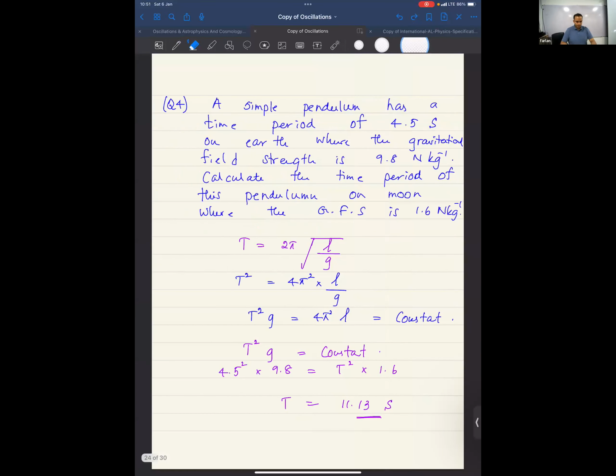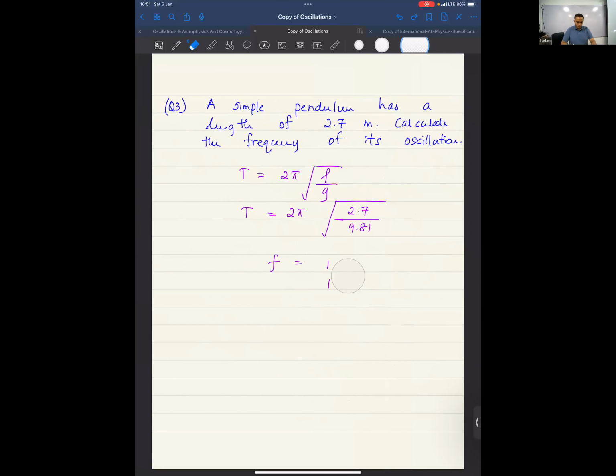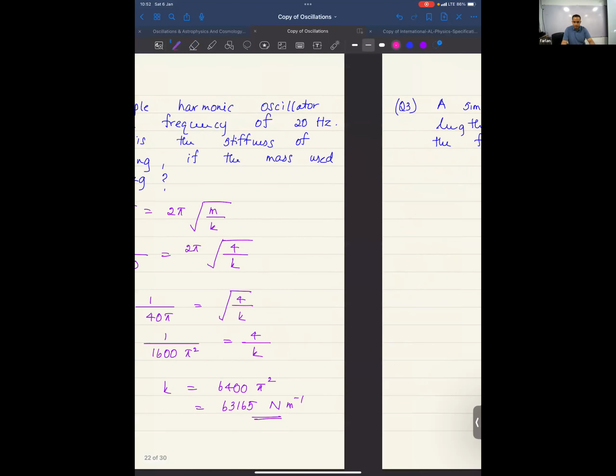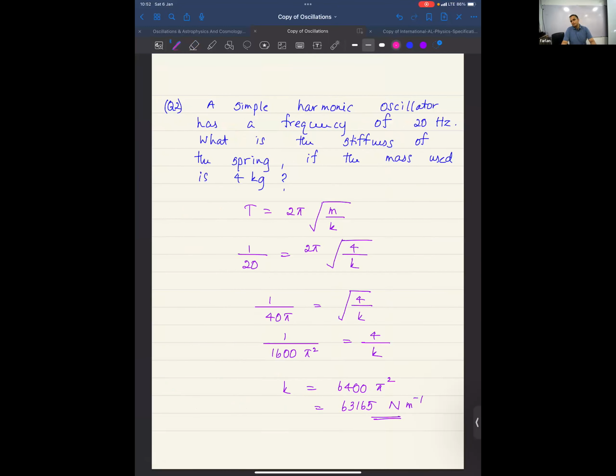Question 3. A simple pendulum. Sir, can you go back for 1 second, please?